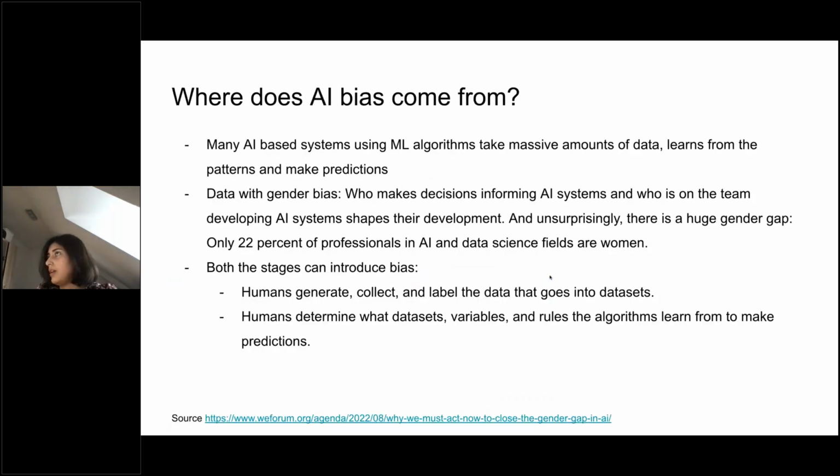And where does this AI bias come from? Like I said, because of the data. For example, with large language models, you train them with massive amounts of data. The AI model makes predictions based on the patterns that it learns.